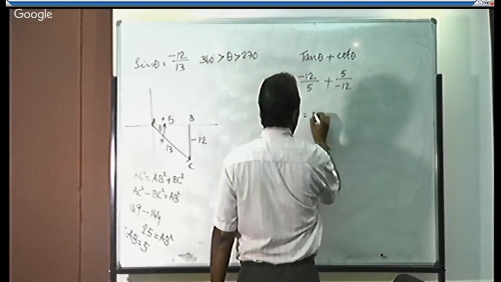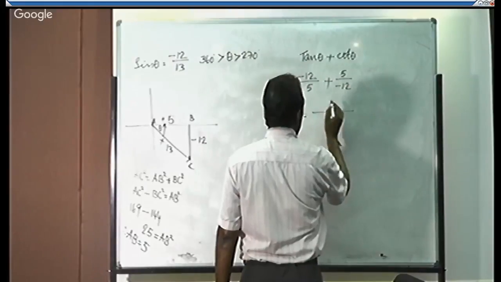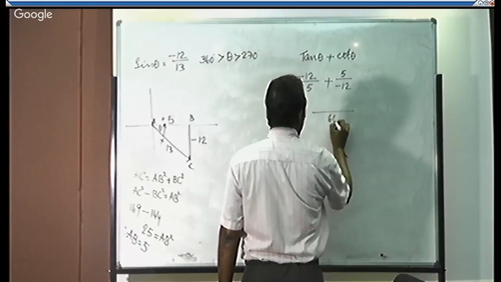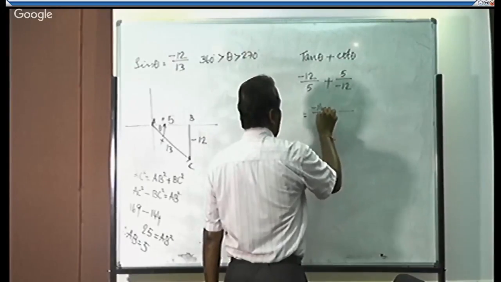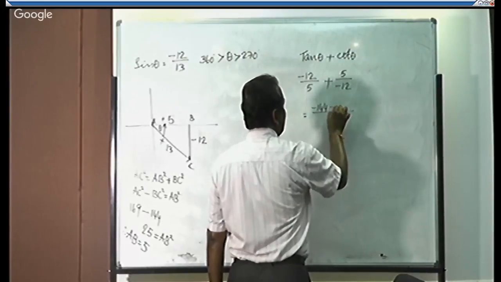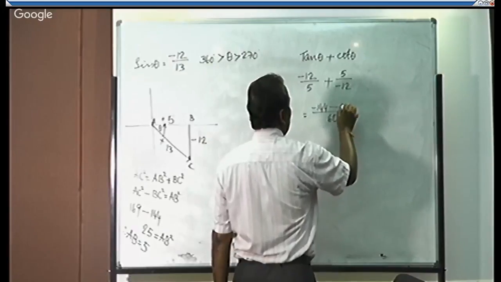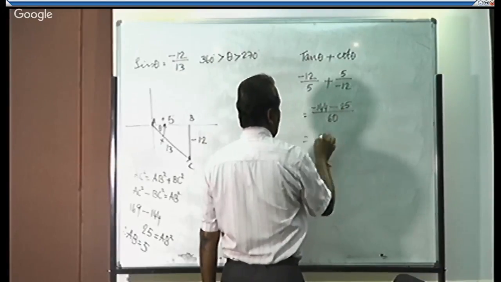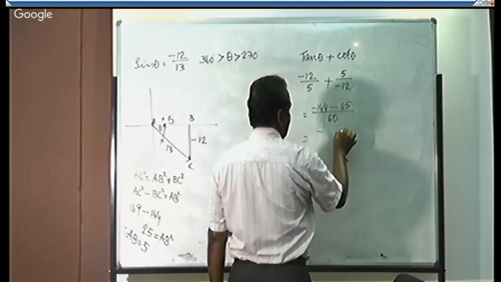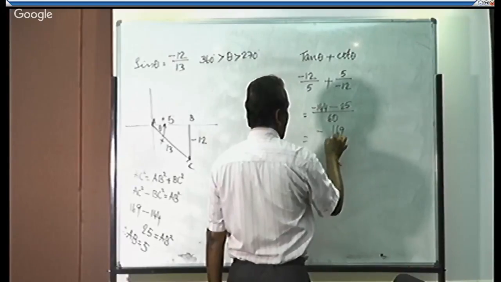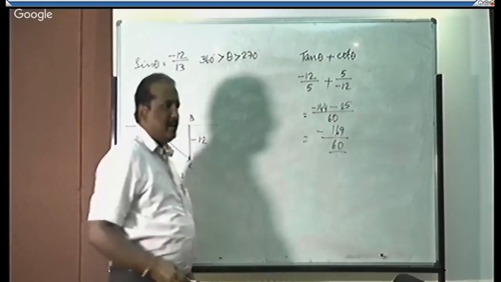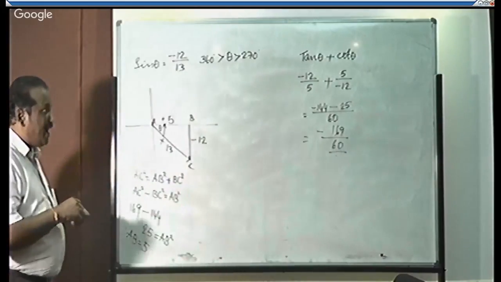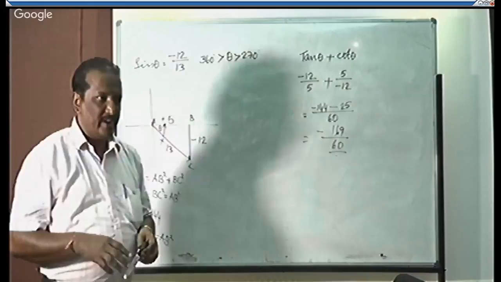So you can take minus plus into minus. 60 is the LCM. 5 12s are 144. Plus into minus it is minus 12, 5 5s are 25. So minus 144 minus 25, it is minus 169 divided by 60 is the value for the required ratio.